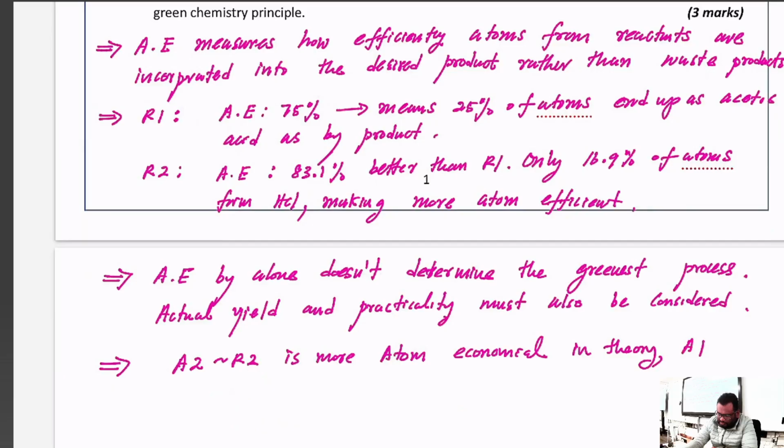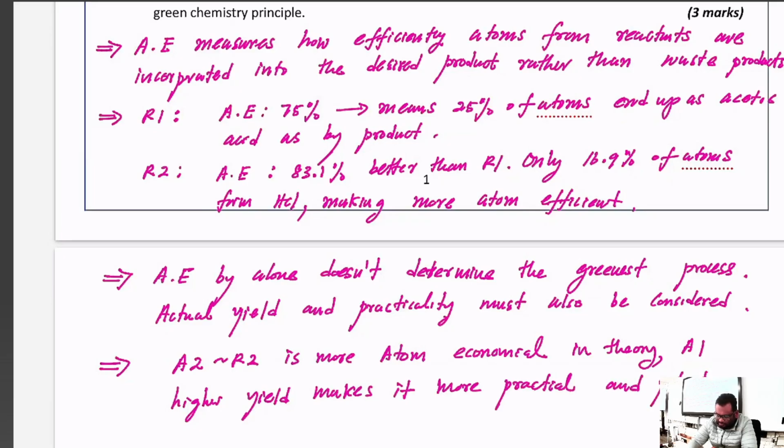A1 or R1 has a higher yield, which makes it more practical and potentially greener overall.